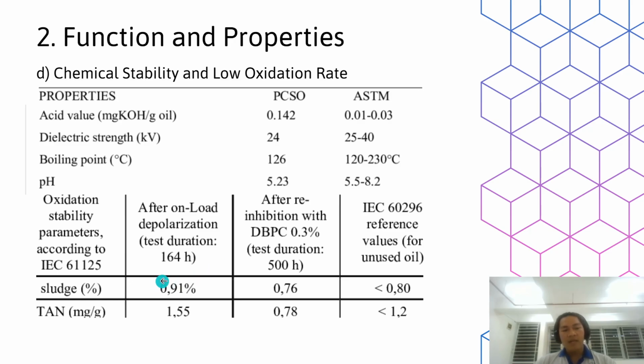The lower sludge percentage makes for higher oxidation stability, and this helps resist chemical breakdown under heat and exposure to air, prolongs the oil life, and reduces the need for frequent replacement or maintenance.